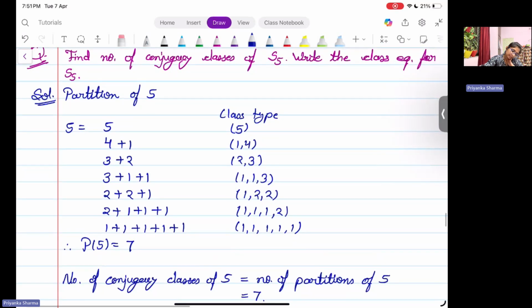Now, we need to write the class equation for S5.